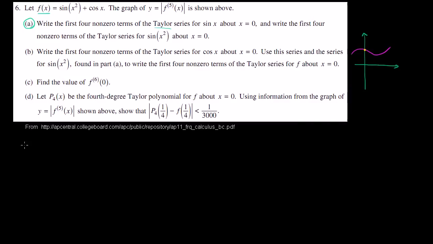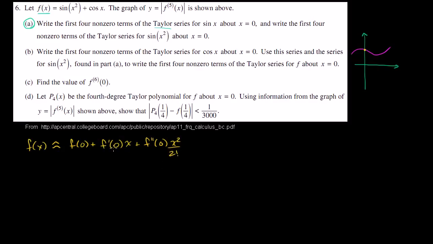So if I have f of x, I can approximate it with its Taylor series, and if we center that approximation around 0, it'll be equal to f of 0 plus f prime of 0, the derivative at 0, times x, plus the second derivative at 0 times x squared over 2 factorial.